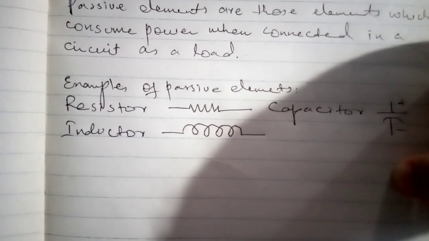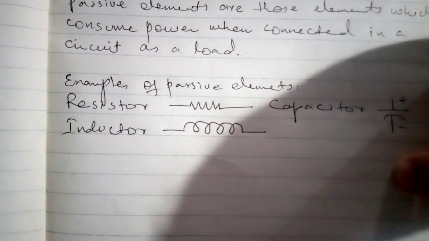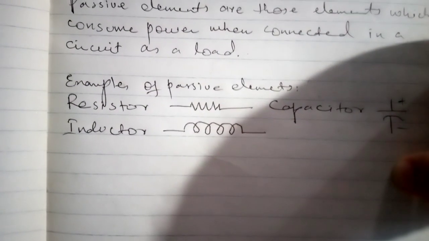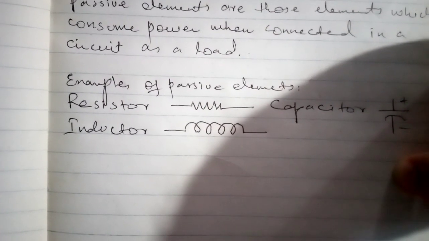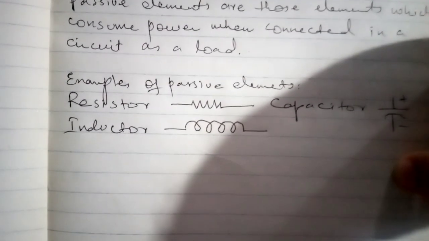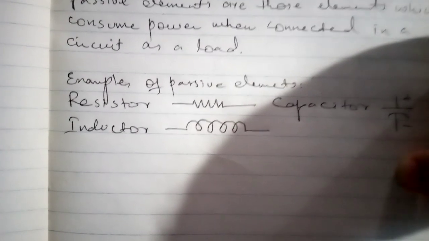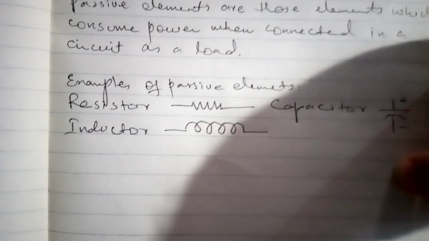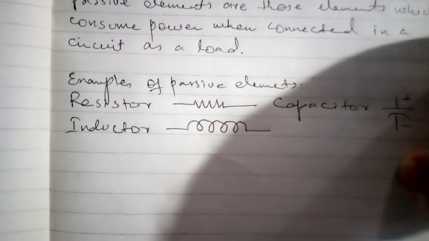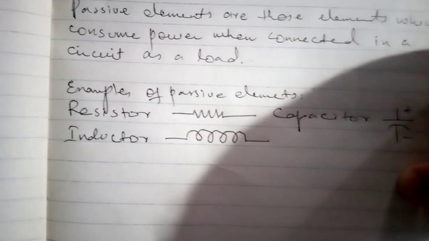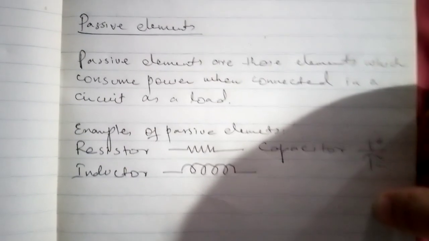Stored charge can easily be lost, but charge induced in an inductor cannot be easily lost. So capacitor discharges quickly, but inductor doesn't lose its charge so quickly. Why? Because in an inductor, charge is not stored. In an inductor, charge is induced into the coil. So there is a magnetic field involved in an inductor. So this is the basic difference between active elements and passive elements.